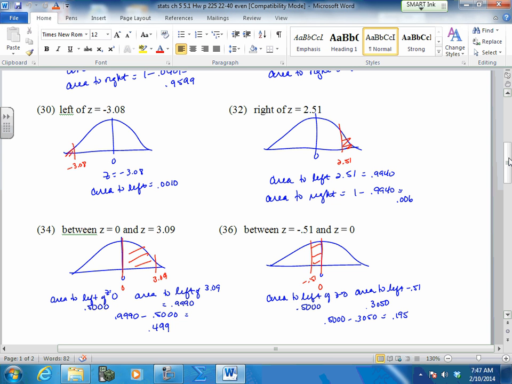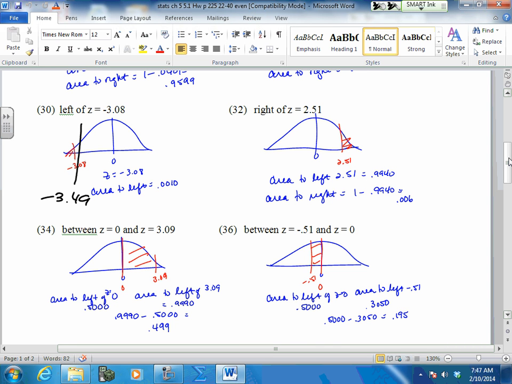But then to the left, now remember we talked about this? We said your graph basically stops at negative 3 point what? I forgot what it was. What's your graph go to? 3.49.